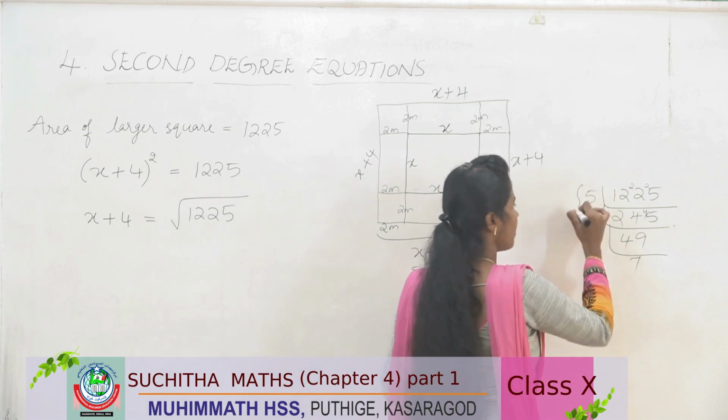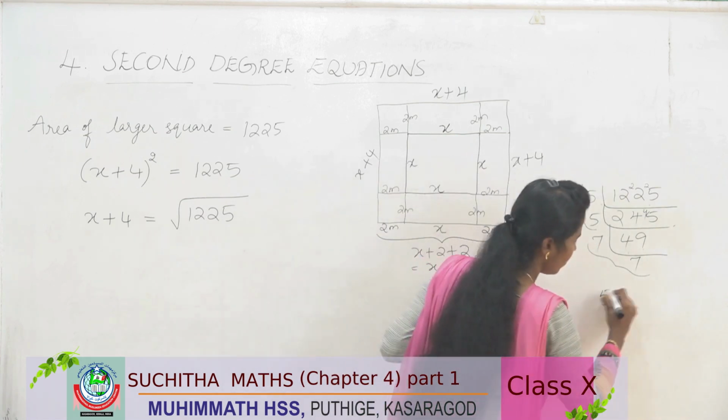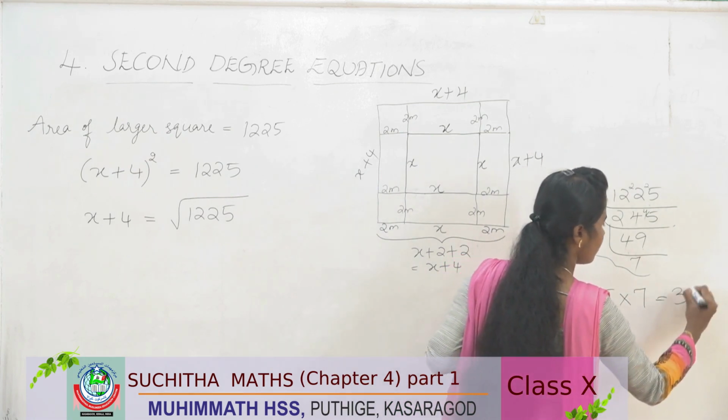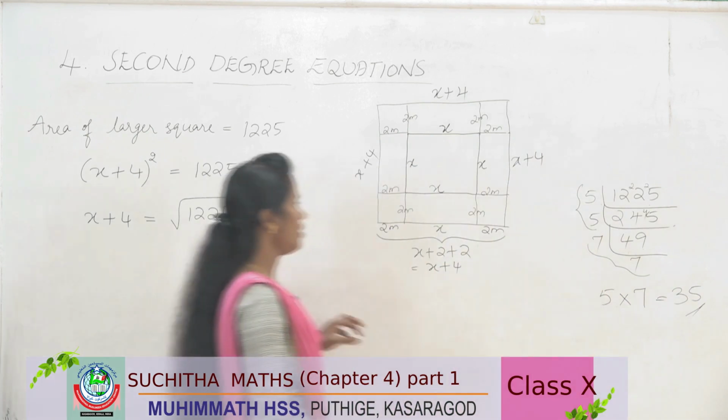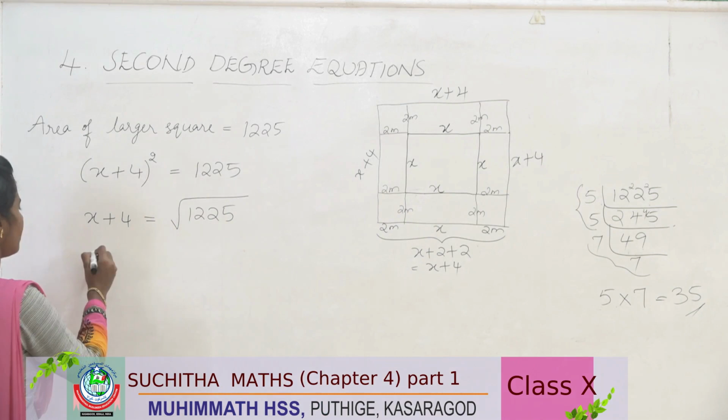So here it is a pair, and this is also a pair. So 5 into 7, 5 into 7 is 35. That is, the square root of 1225 is 35.